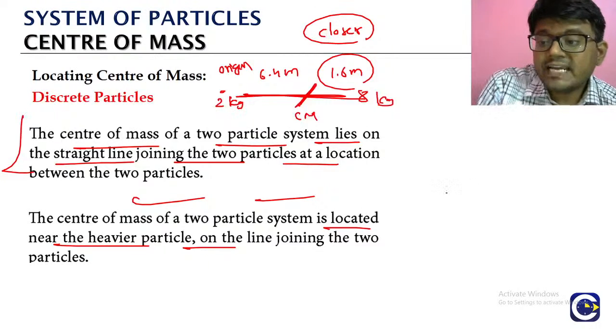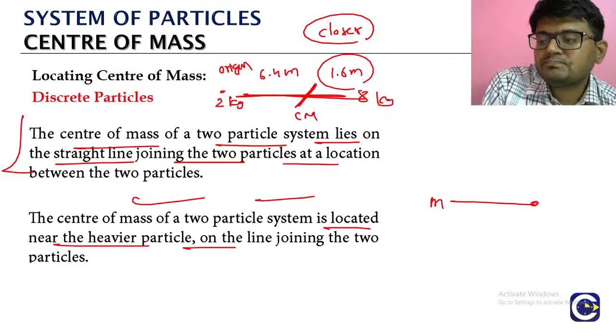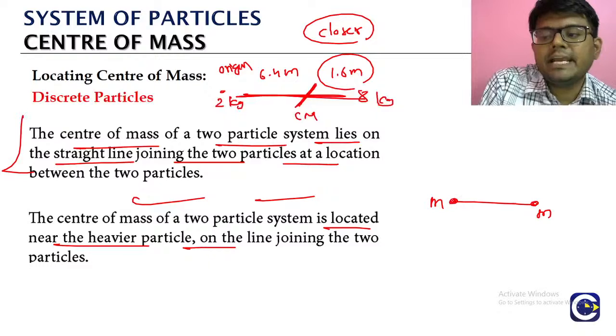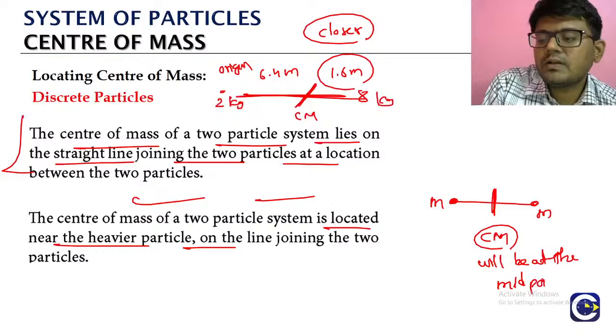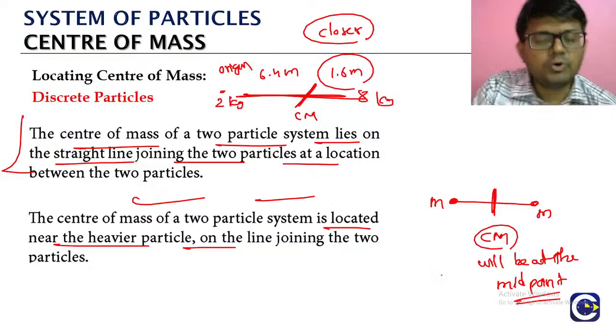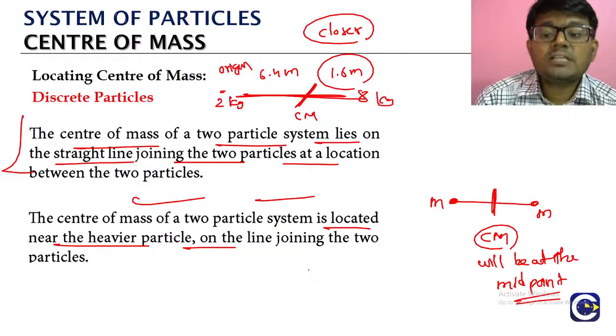Okay, when will it be exactly at the midpoint? If both the masses are equal, then the center of mass will be at the midpoint. Why?